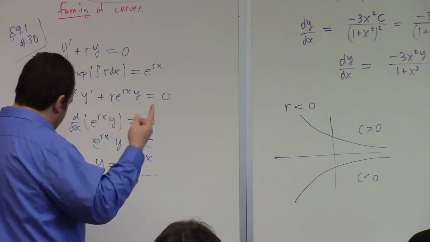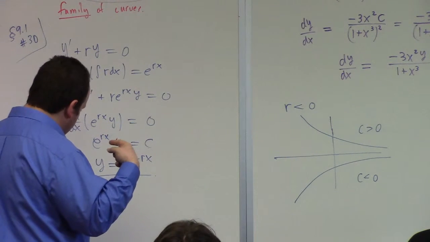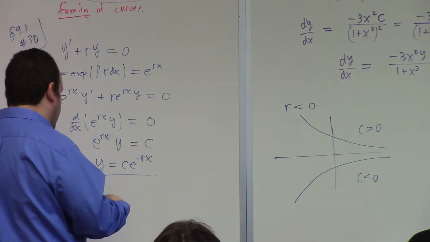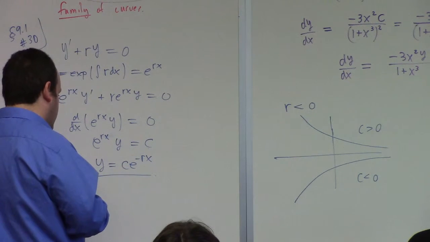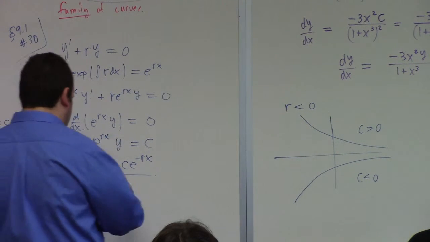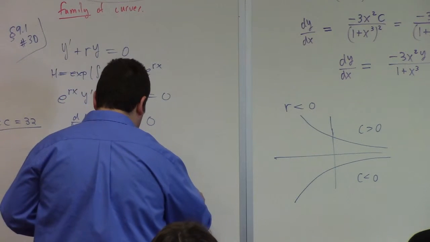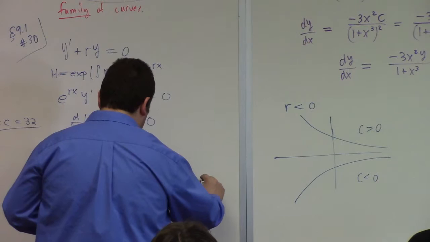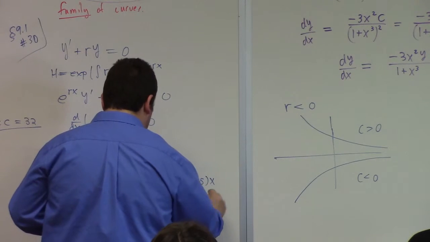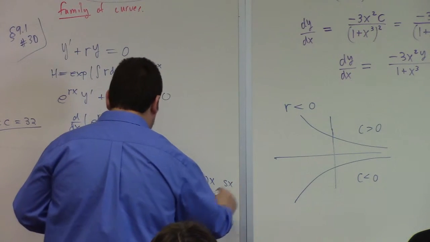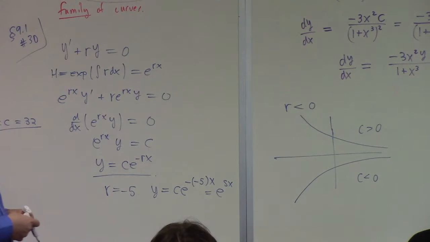Whoa. Wind it back there. What do you say? If r is less than 0. If r is less than 0, uh-huh. The negatives cancel, it would be c e to the rx. If r is less than 0, so r might be equal to minus 5, then y would be equal to c e to the minus 5x, which would be e to the 5x, but it's still equal to e to the minus rx.